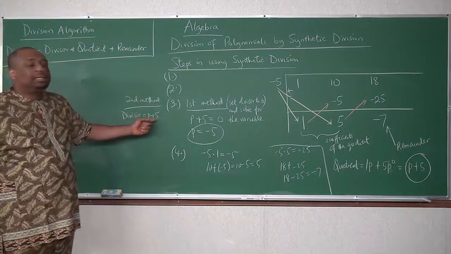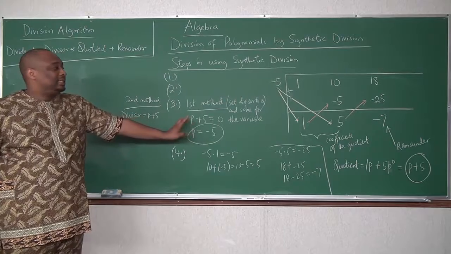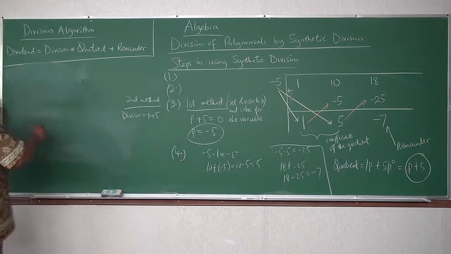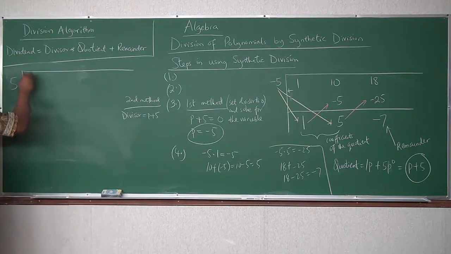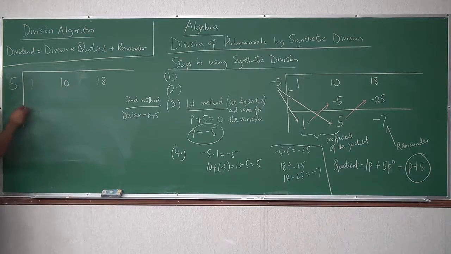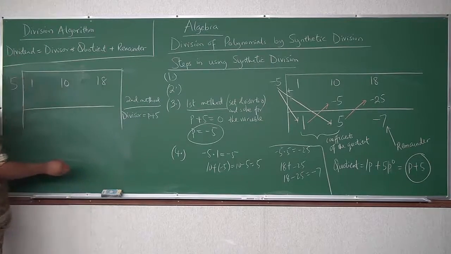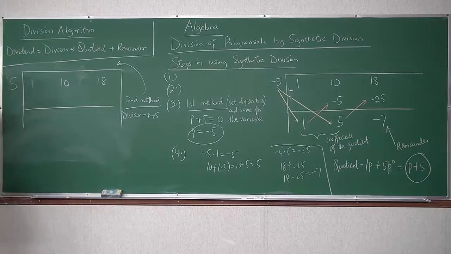I'm not going to set p plus 5 to be 0. In this case, I will just use 5. So I used 5 here, and I set up the coefficients, 1, 10, 18. I'm going to use the same thing, but the only difference with this second method is that I'll subtract rather than add.